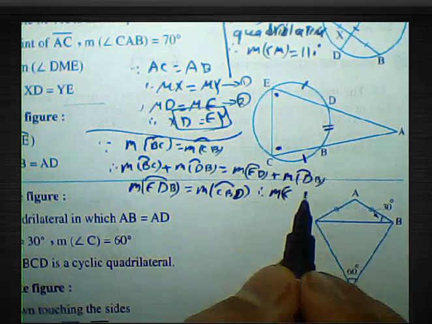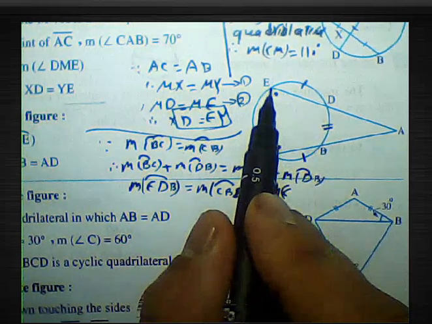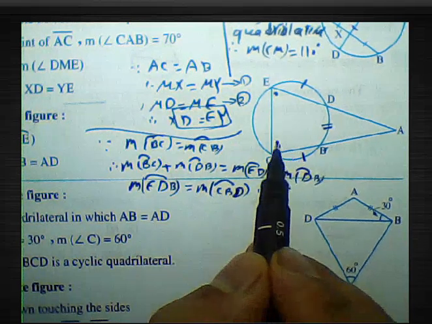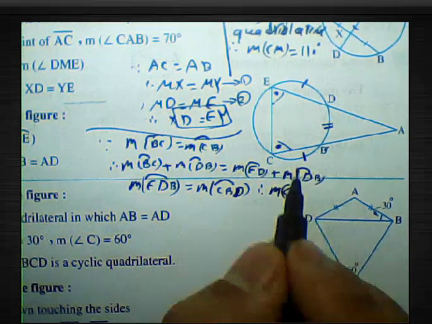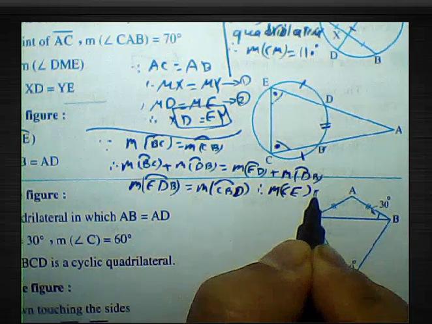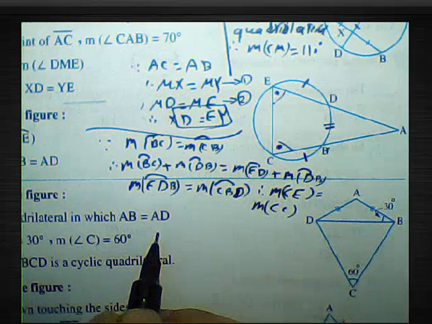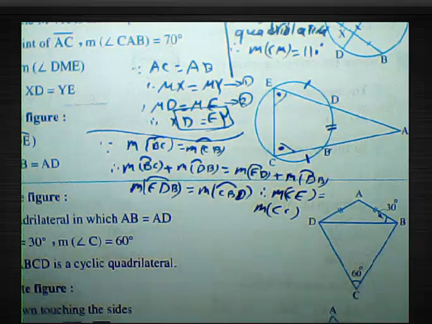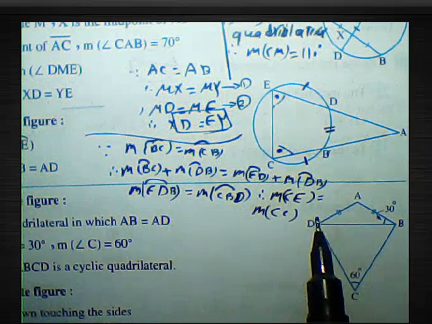The measure of arc BDE equal measure of arc DBC. We have two inscribed angles here, C and E. Measure of angle E will be equal measure of angle C. Then this triangle will be isosceles because the measures of the two base angles are equal.